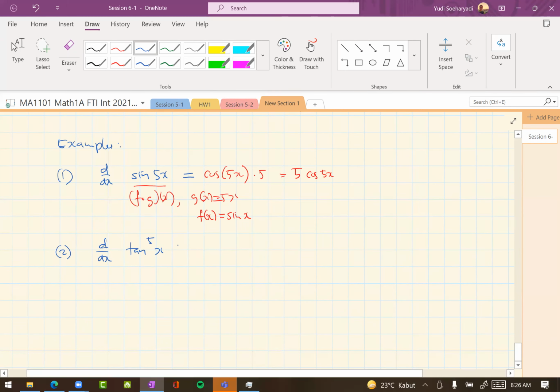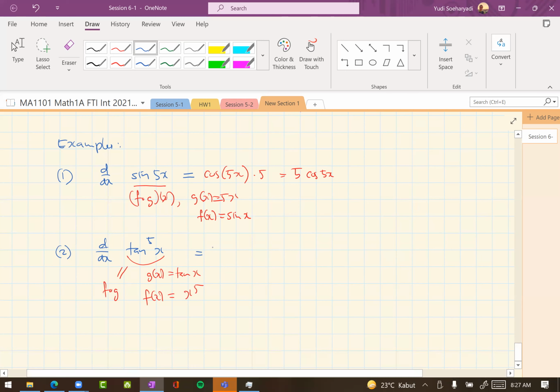Tangent 5x to the power of 5. All right, so think of this as, again, compute g. G here is a tangent. And then f as the power of 5. Okay.